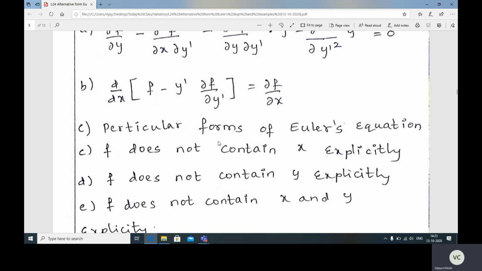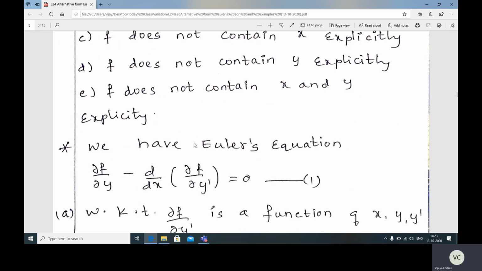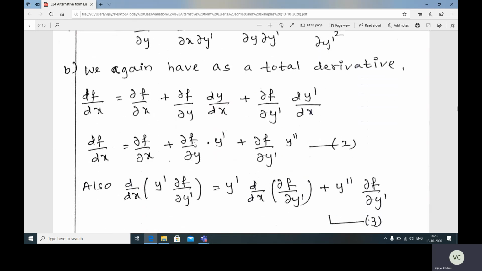So first d by dx of f. Here again we are using the total derivative rule to find this df divided by dx. So this is equal to ∂f divided by ∂x into dx divided by dx, you will get this as 1.